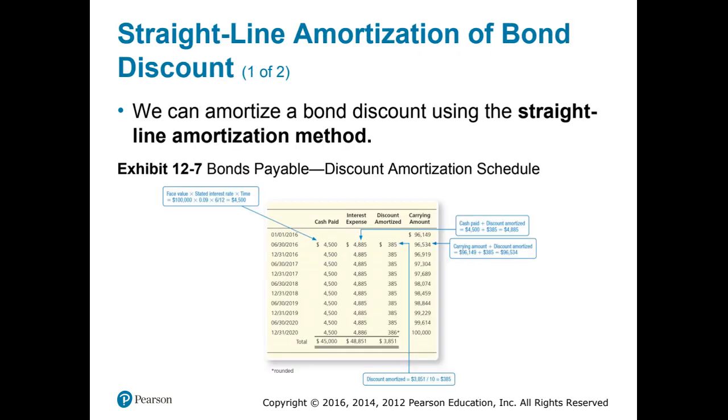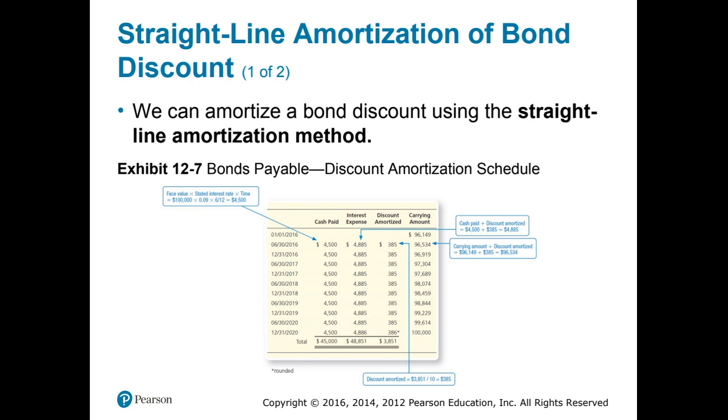We can amortize a bond discount using the straight line amortization method. This is on page 608. And here they're showing us all of our different calculations, how they calculated each of these. We started with our date, and then we have cash paid.